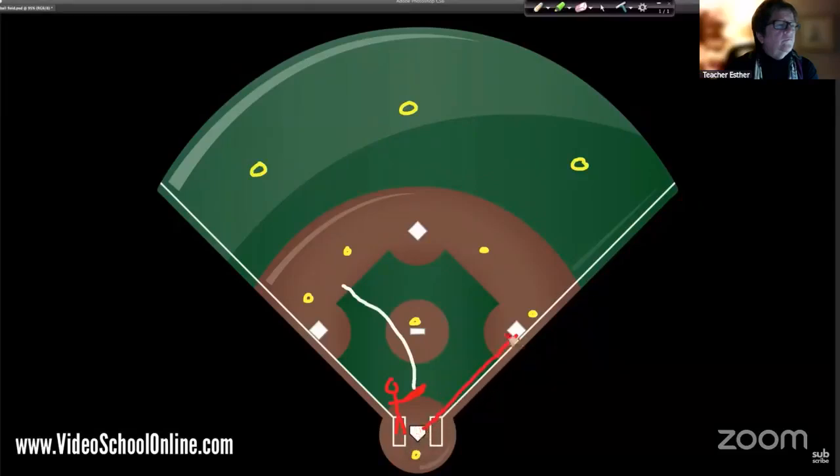Okay? So they have to run to first base, touch first base, and then only after they touch first base, they can run to second base. And then after they touch second base to third, after they touch third base, they can go home. And if they get all the way to home, they score a run or a point.